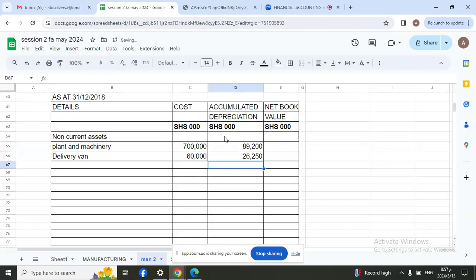I'm getting 26,250. Then to get our net book value, we get 700 minus 89,200. I get 610,800. I also get 60,000 minus 26,250. I get my 33,750.